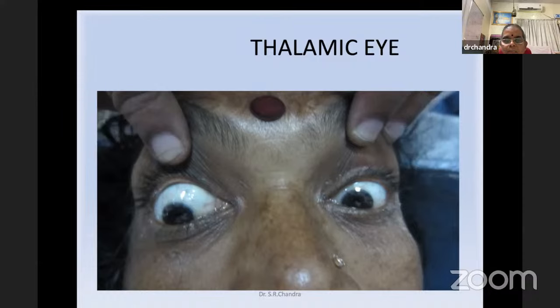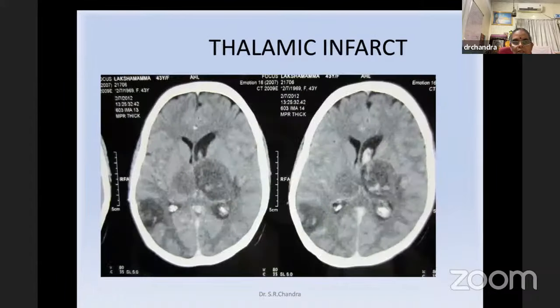So down and in, that's a typical thalamic eye. Vertical and divergence movements are impaired. So down and in eye is the thalamic eye. And this is that person who had a deep CVT resulting in bilateral thalamic hypodensities.